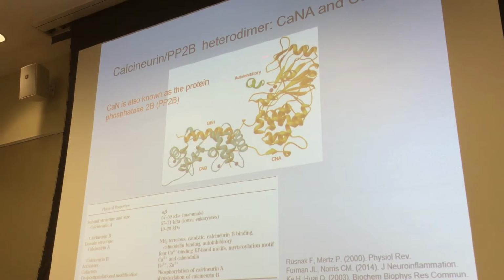Now you notice that this has an autoinhibitory site as well. This is a very typical way of regulating protein phosphatases and protein kinases, to have embedded somewhere in their protein structure something that actually looks a lot like a substrate, so that it can cover over the catalytic site and keep the protein inactive until something happens to open up that catalytic lip or catalytic loop.